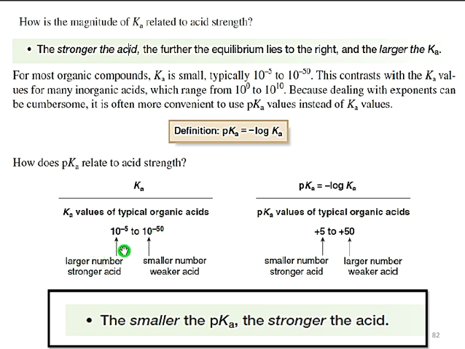A large Ka means a stronger acid, and a small Ka means a weak acid. But the pKa is reversed: the smaller the pKa, the stronger the acid, and the larger the pKa, the weaker the acid.